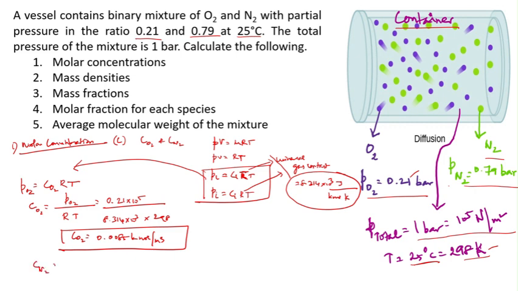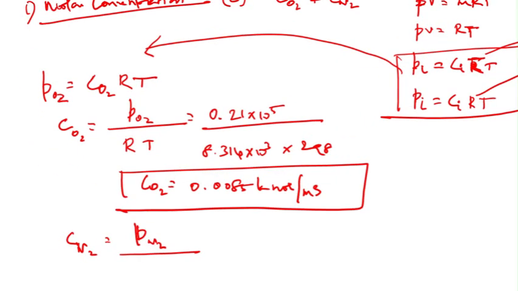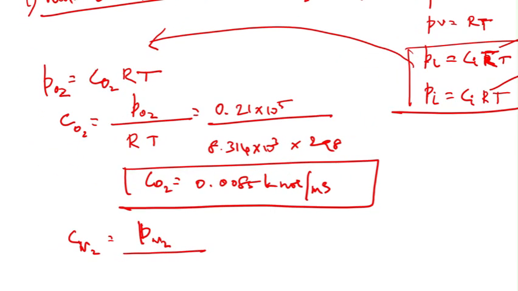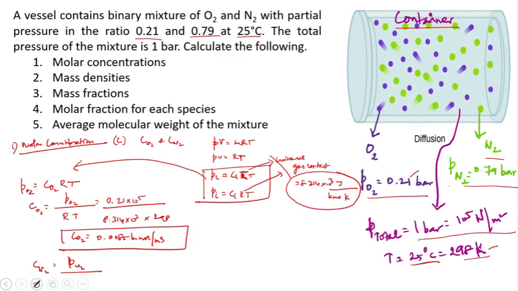C of N2 is equal to P of N2 divided by the universal gas constant times T, which is equal to 0.79 into 10 to the power of 5 divided by 8.314 into 10 to the power of 3 into 298.